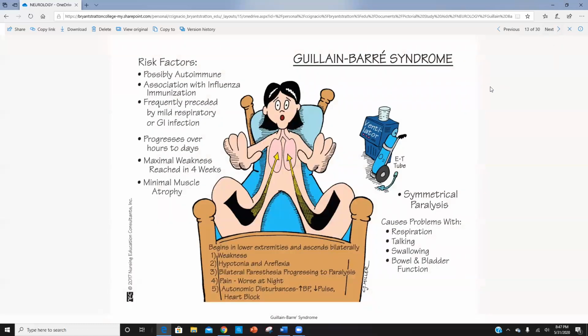All right, let's now look at Guillain-Barré syndrome. This is an acute autoimmune attack on the peripheral nerve and some cranial nerve myelin, okay? The manifestations of this, it's usually preceded by a respiratory or gastrointestinal infection.